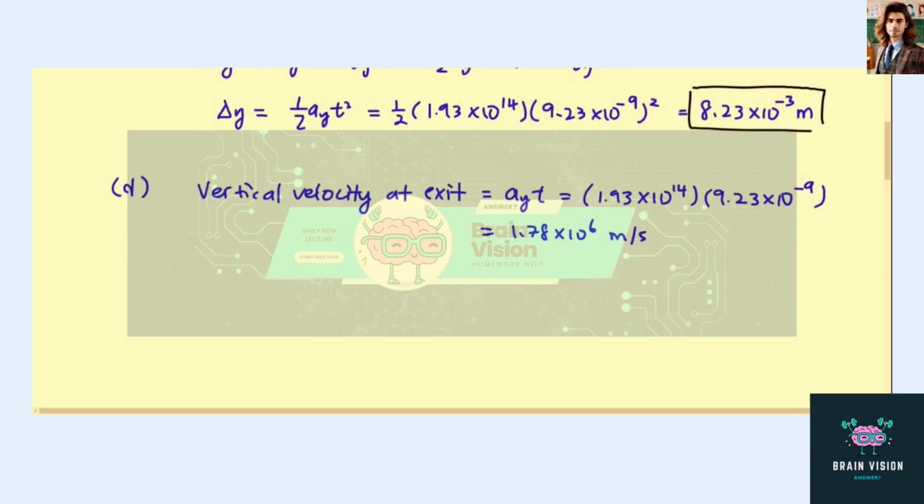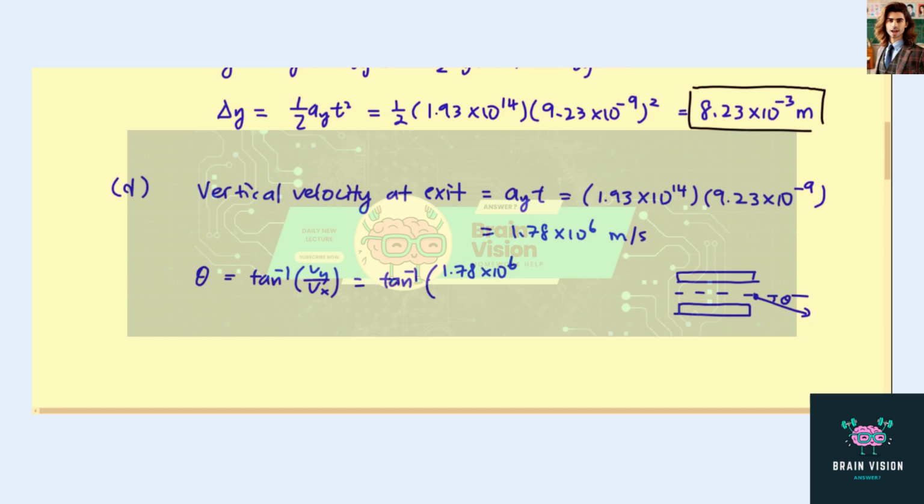As it exits the plate, the particle is moving like this. It has a vertical component, and this is the angle that we are looking for. So the angle is arctangent Vy divided by Vx. The Vy is 1.78 times 10 to the 6, Vx is 6.5 times 10 to the 6.